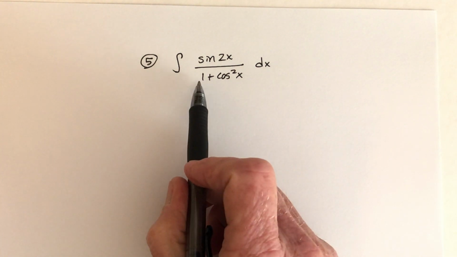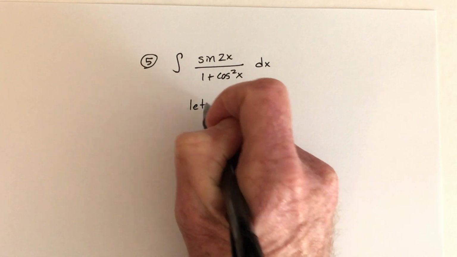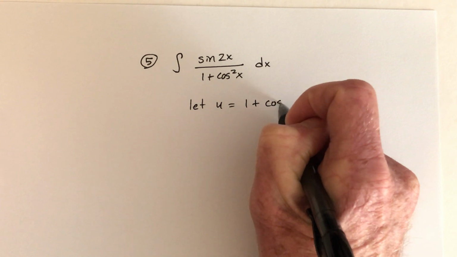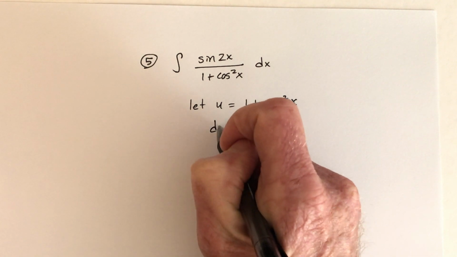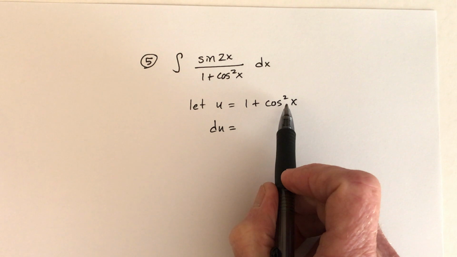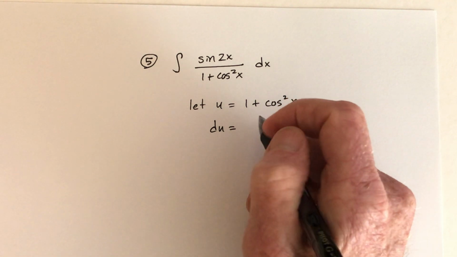So the next thing I would try is let u equal the whole bottom part. So let u equal the 1 plus the cosine being squared. And now take the derivative. So the derivative of 1 is 0. Over here, use the power rule, so the 2 is going to go in front first, and then subtract 1.